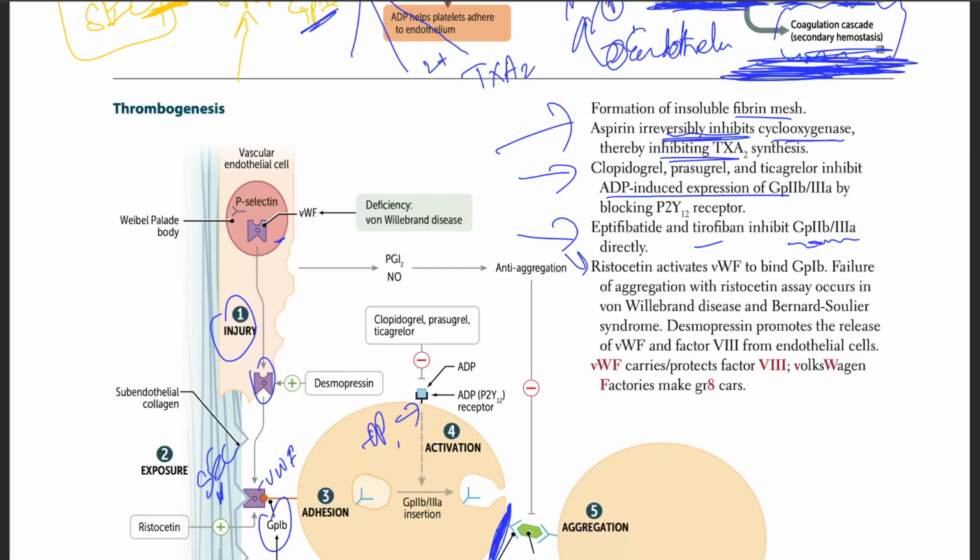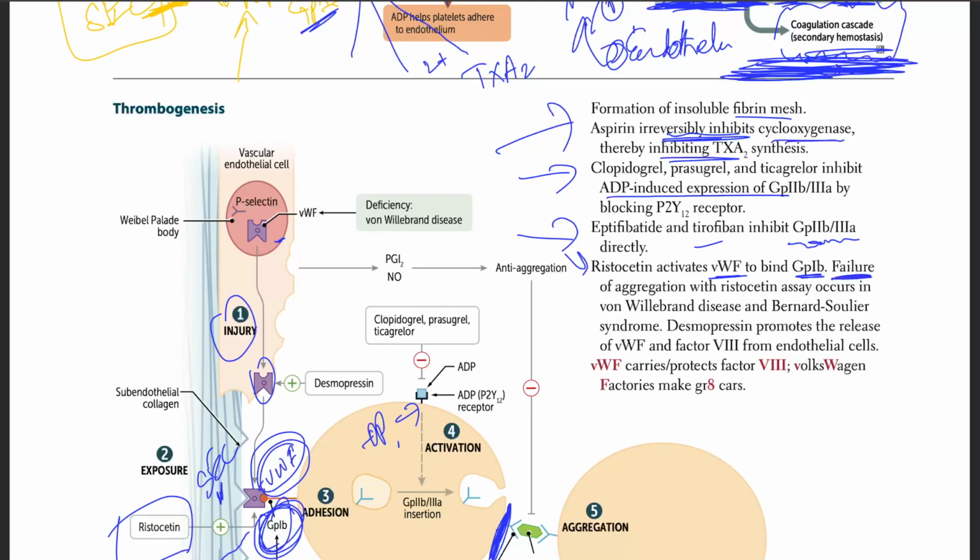Ristocetin activates the von Willebrand factor to bind to GP1B. Look at the ristocetin. This is stimulating the von Willebrand factor to bind to GP1B. Right? So the ristocetin assay occurs in von Willebrand. Okay, failure.